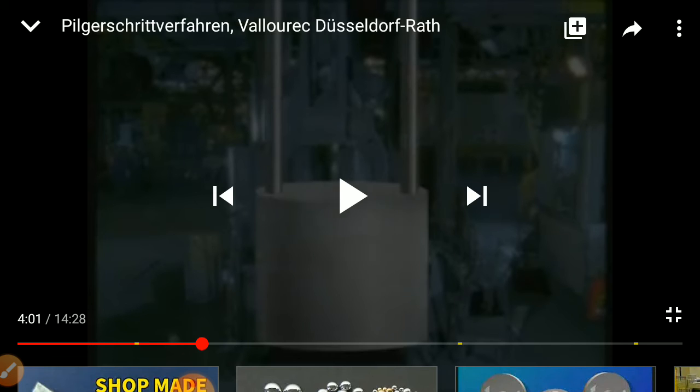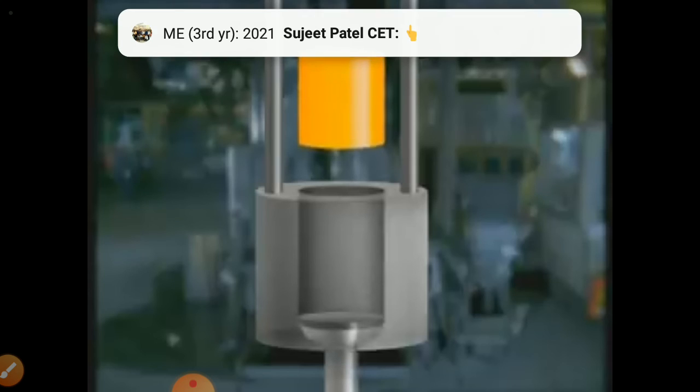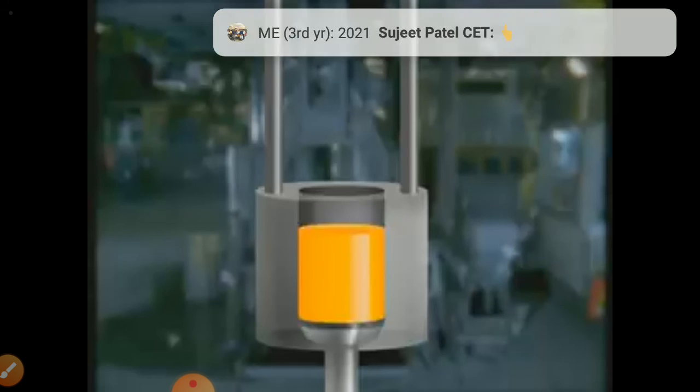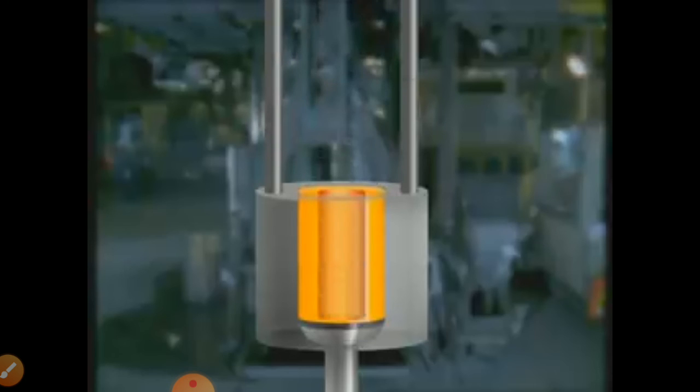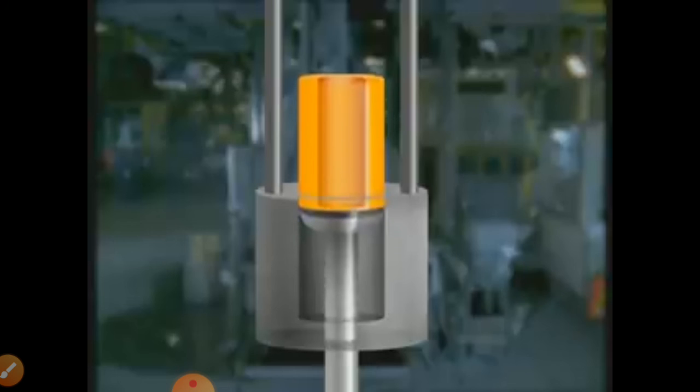Now look at this. This process is an example of the extrusion process. You will see it in the coming lectures. This is how we can manufacture tubes.